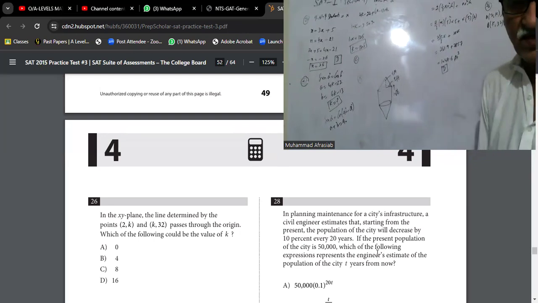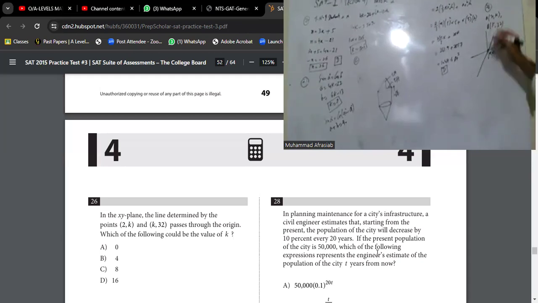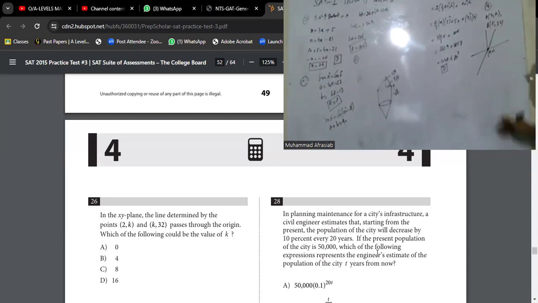What is the resulting value of k? So this is the line. It passes through the origin O (0, 0). One point is A and one point is B.